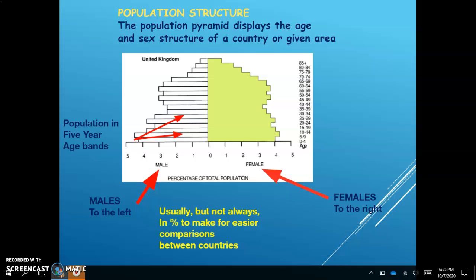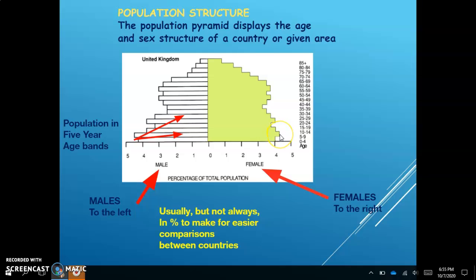Like if we look here, the percentages should all add up to be 100, right? Because in this pyramid we have 100% of the population. So here we have 4% of the population are females between the ages of 0 and 4. Okay, this would maybe be 4.25.